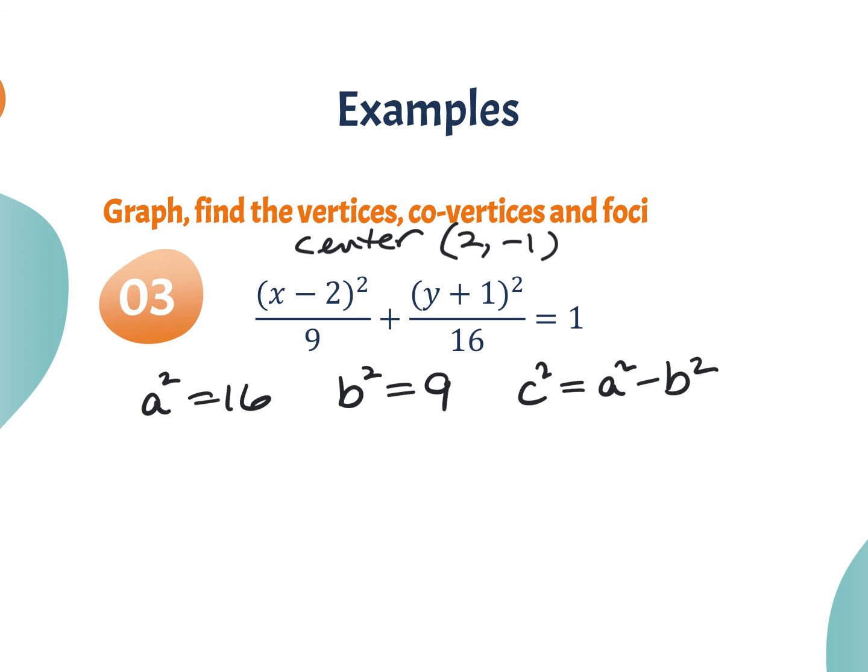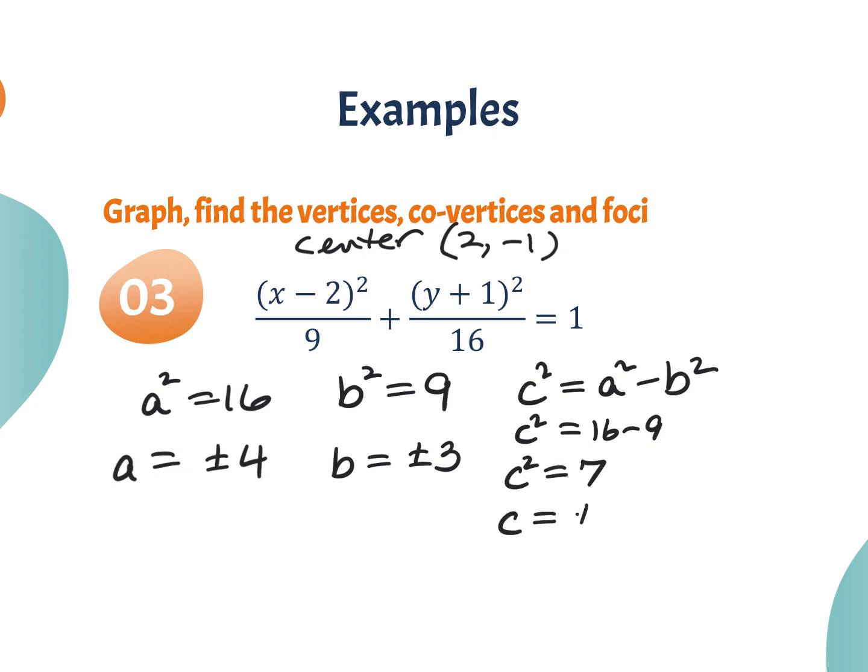So here, a squared: if I want to find a, I square root it, plus and minus 4. b, square root it, plus and minus 3. c squared, I'm going to do 16 minus 9. And c squared equals 7.